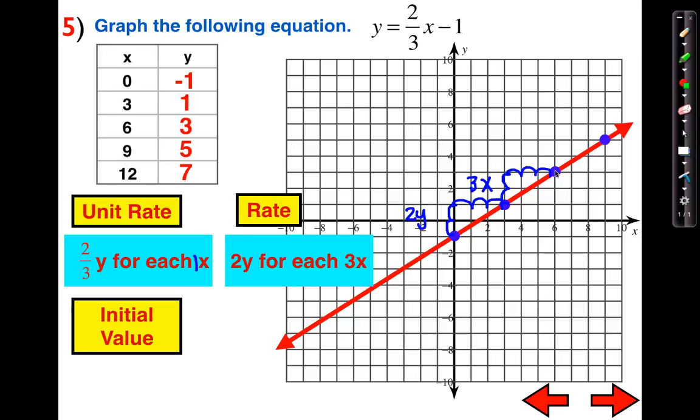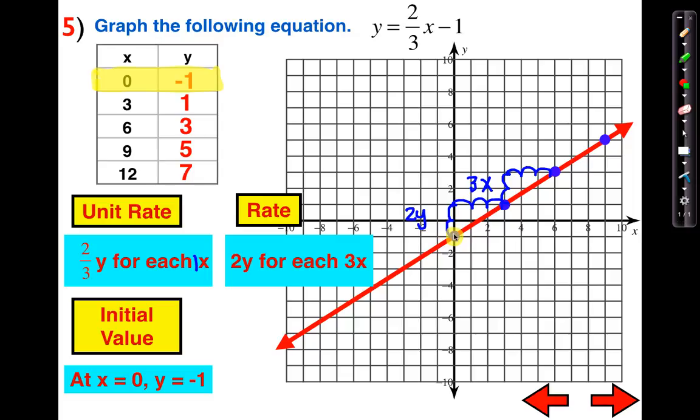Okay. So now let's talk about our initial value. Our initial value, again, you can find it right here in your table when your input is 0. So here you can say when x equals 0, y equals -1. You could also find it in your graph right here. So at x equals 0, y equals -1. You can write that down.